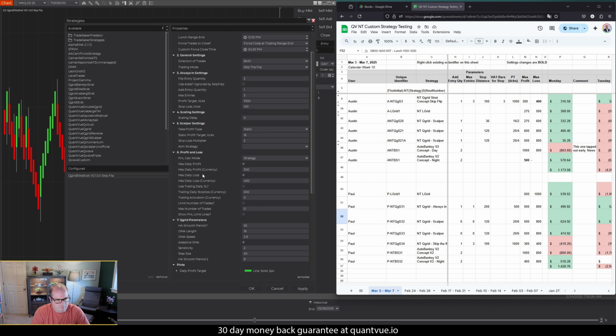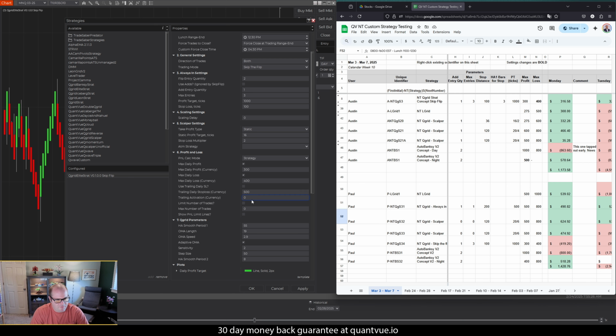So whatever your max profit is for the day, that maximum minus $500 is where it's going to kick you out, just on stock settings. So if you had that on here and you had the 500 in here, it would kick you out as soon as you were $500 below your maximum profit for the day.